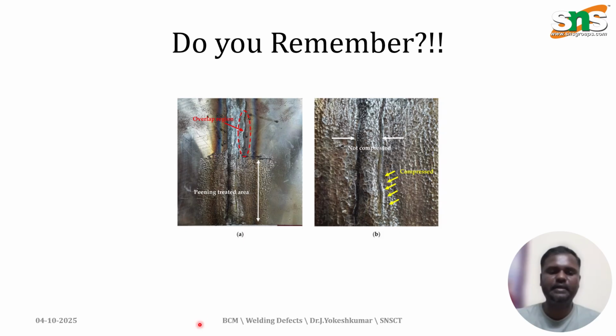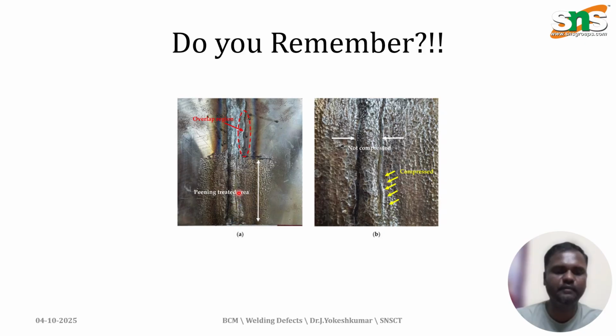So here I have illustrated a photograph of the defect. Here you can see the improper joining region. So what do you understand from this? There is a weld bead that is not properly fused together with the parent metal. These two are parent metals and this is called the weld bead.